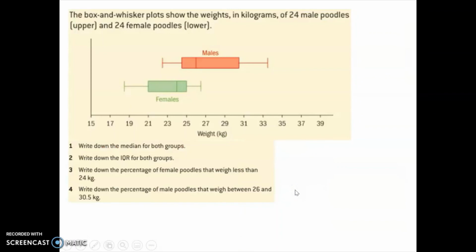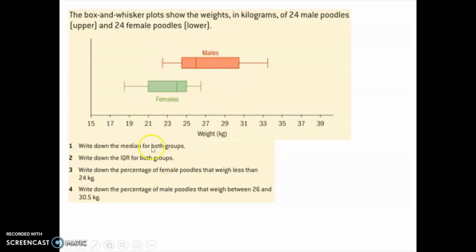All right, so look at this example we have here. We have box and whisker plots shown for weights in kilograms of 24 male poodles and 24 female poodles. And right away, looking at the 2 box plots, you can see in general, male poodles are heavier, because the whole box plot is a little bit more to the right here. But some female poodles are heavier than some male as well. So now look at these questions.